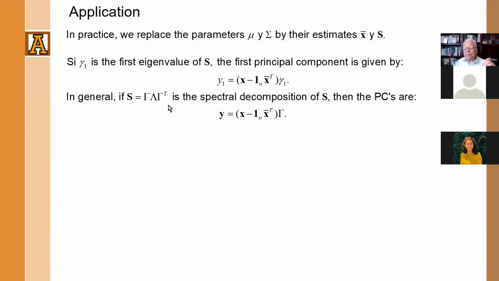So if we keep using gamma and lambda, capital gamma, as notation for the matrix of eigenvectors and the matrix that has the eigenvalues in the diagonal, then if this is the spectral decomposition of the sample variance covariance matrix, the principal components are given by this vector, which is x minus 1 times x transpose gamma, okay?